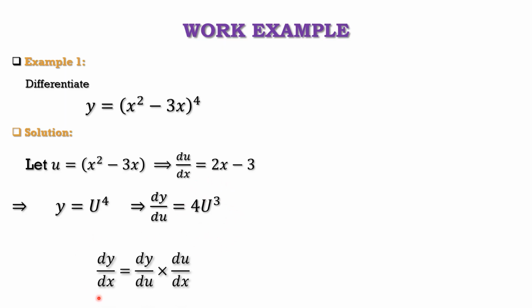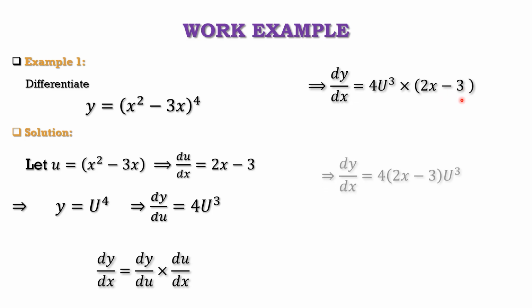Then we write our chain rule, which says that dy over dx is equal to dy over du times du over dx. So we just have to substitute them. So my dy dx is equal to dy du, which is 4u power 3, times the du dx, which is 2x minus 3.